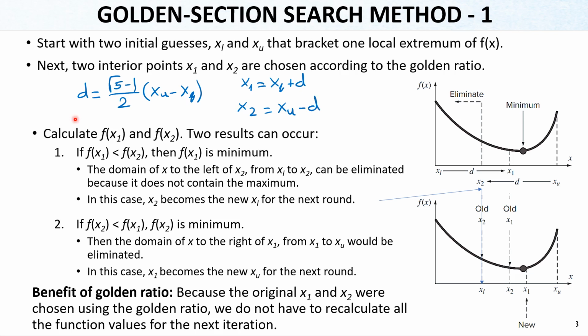So basically we have this formulation, multiplication of the golden ratio by the difference of xu and xl. So this is d, that's why we will have x1 minus xl equals d here, and x2 minus xu equals minus d here. And these formulations will be used to get x1 and x2.